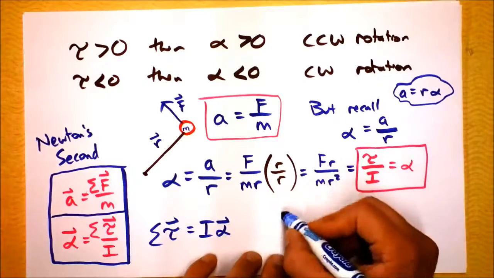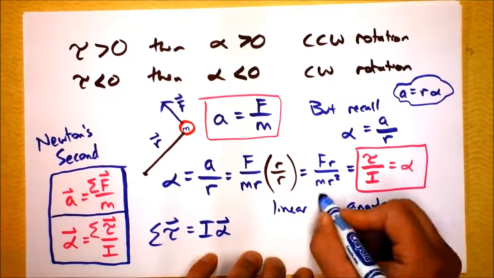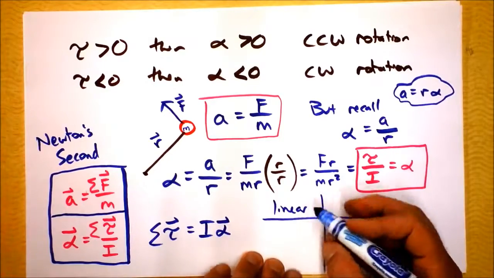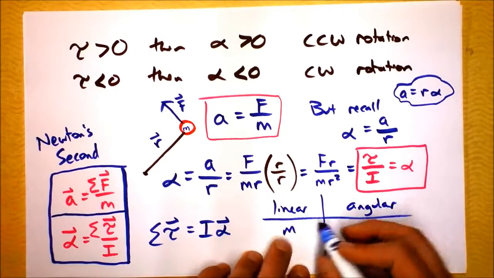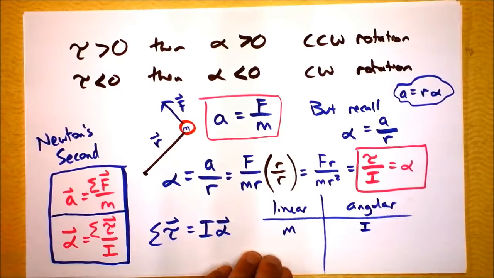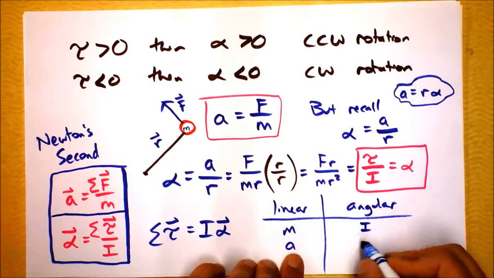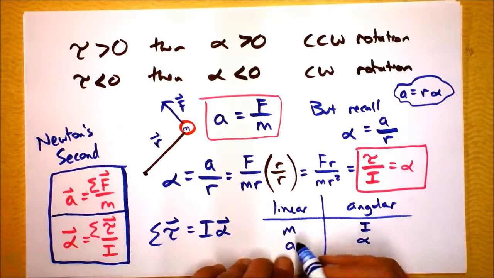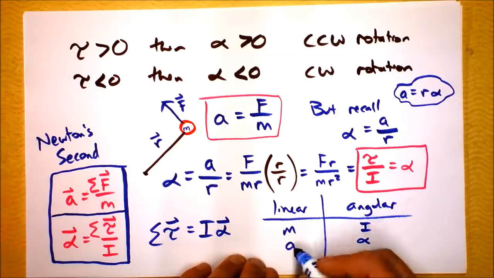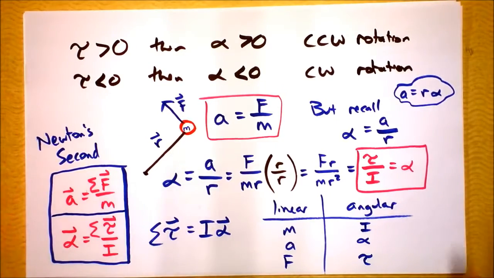And we can just make a little summary over here. Linear and angular. We've made a few of these tables. The linear analog to mass is, in the angular case, moment of inertia, or rotational inertia. Linear a goes over to angular alpha, and then, of course, force's analog in circles is torque.